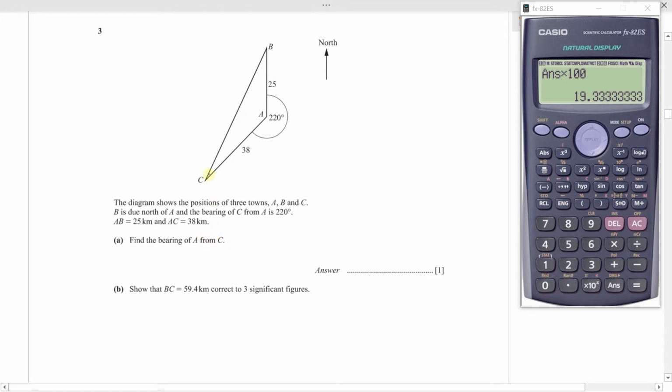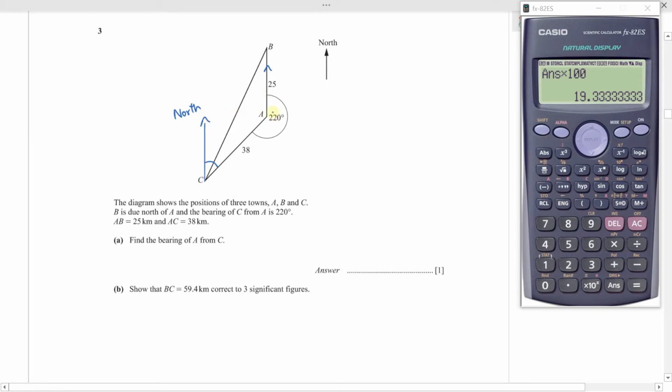To find the bearing of A from C, I will draw a line which represents the north of C. So the bearing of A from C will be this full angle. And since B is also north of A, these two lines are parallel, because both are directed towards the north.